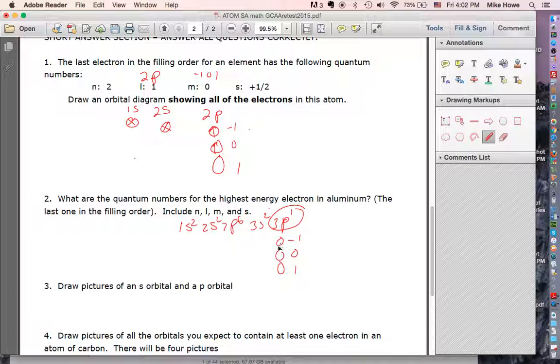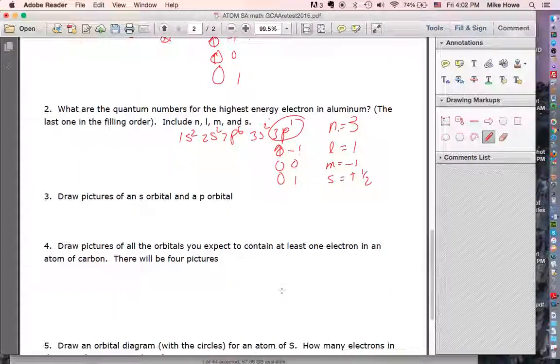There's one electron, so that's the clockwise electron in the first orbital. So what is n? n equals 3. That's the energy level. P is L equals 1. So L is 1. M would be -1 because it's the first orbital. And then s would equal +1/2 because it's spinning clockwise.